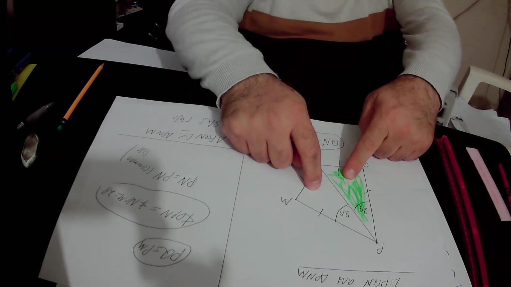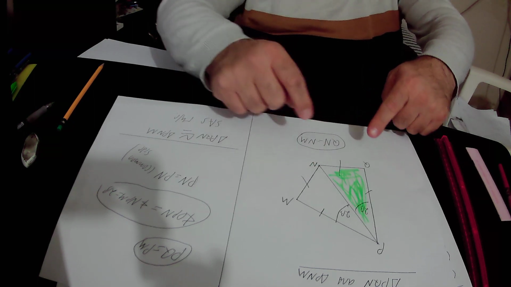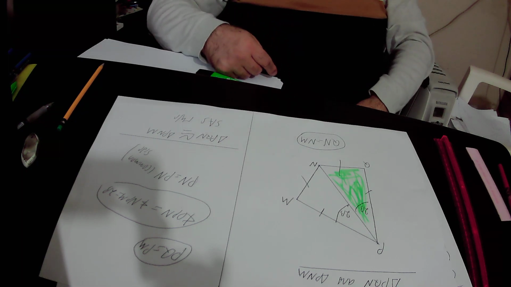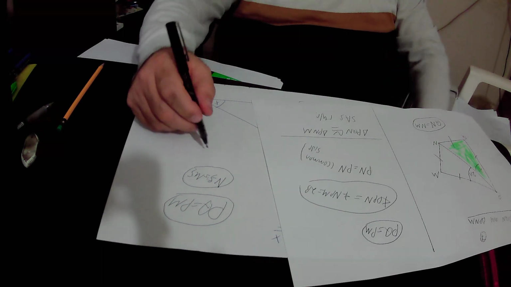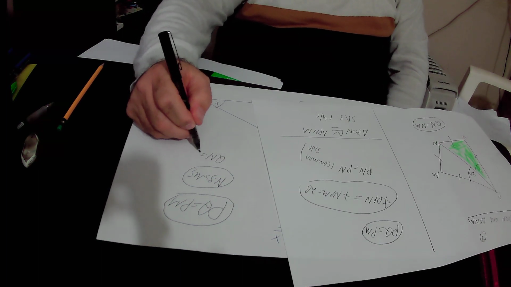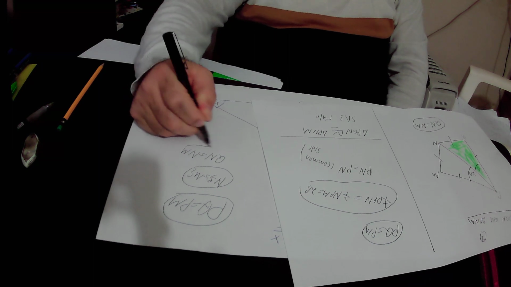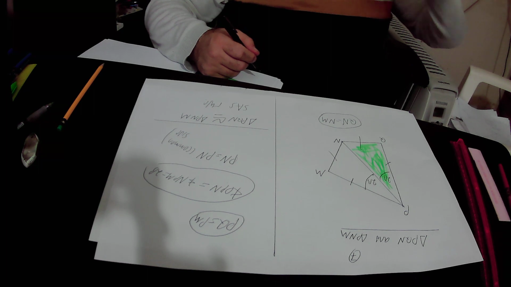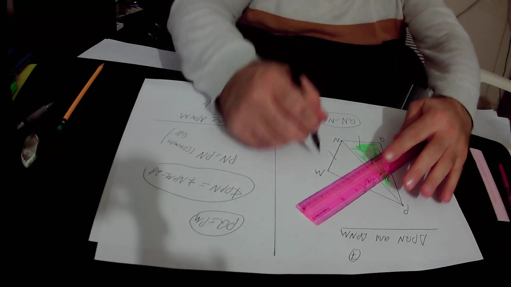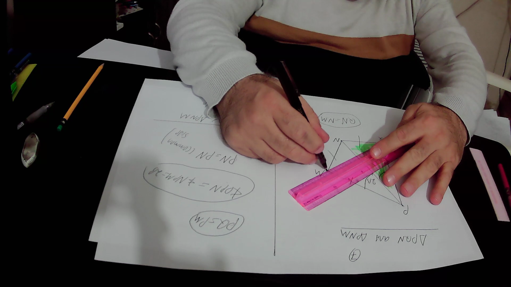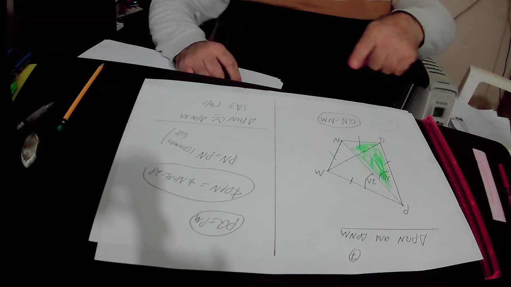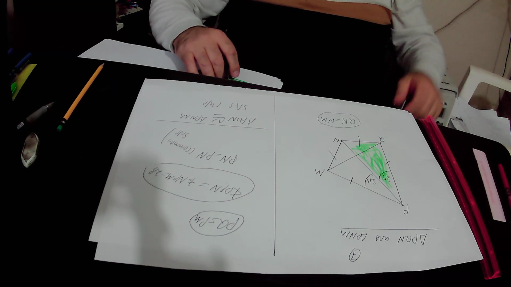Okay, so we can write here that QN equals NM. We will join points Q and M together by a straight line. In the next step I will draw triangle MQN again on a new page.